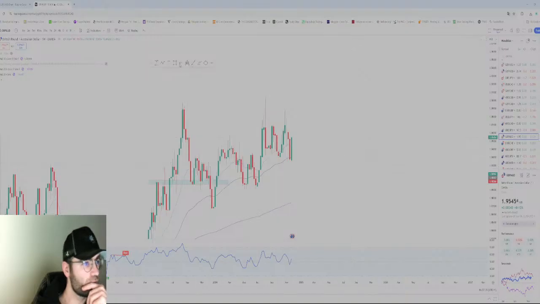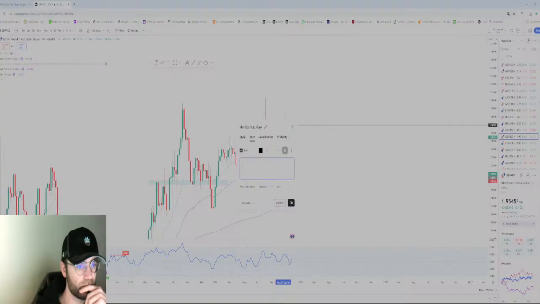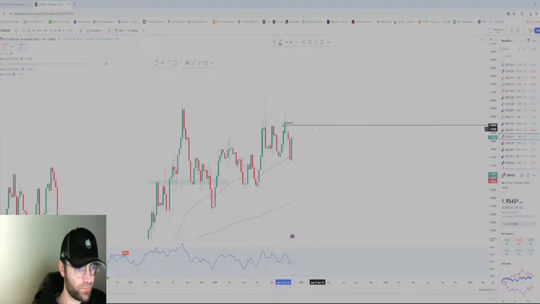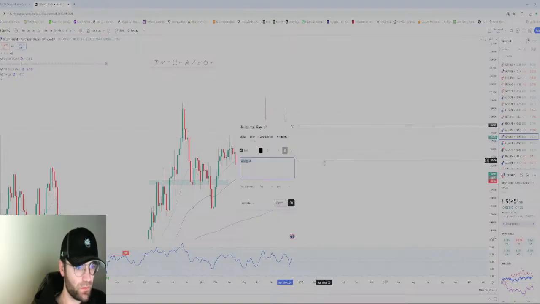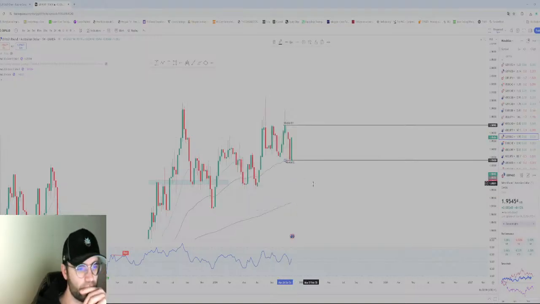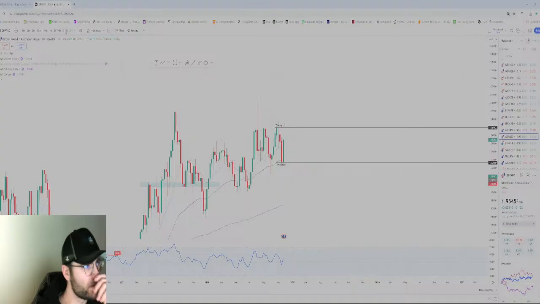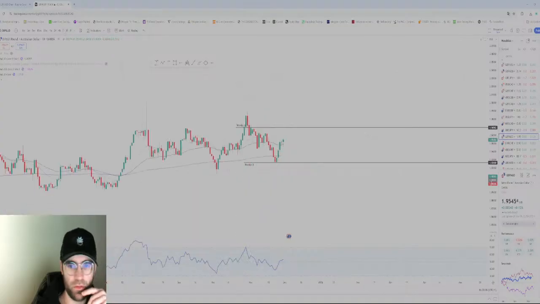So let's just draw up the lines. Weekly lower high, and weekly lower low. Alright, see about the daily, it's probably bearish as well.